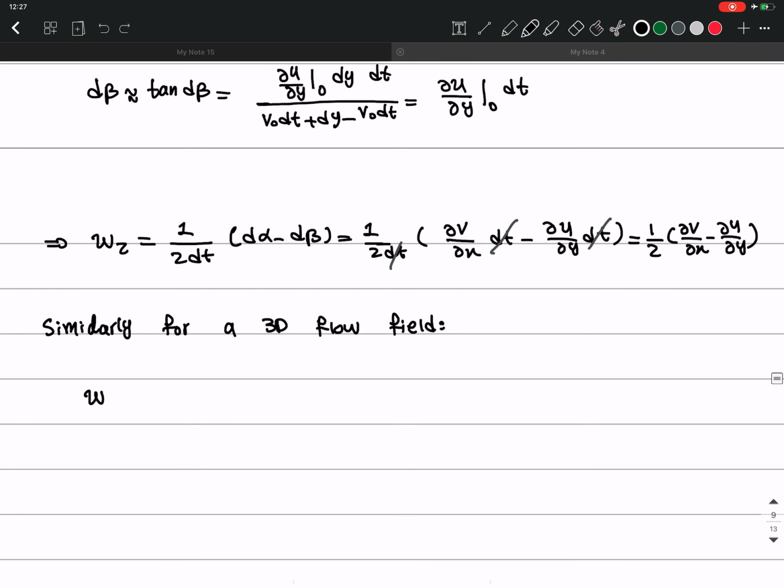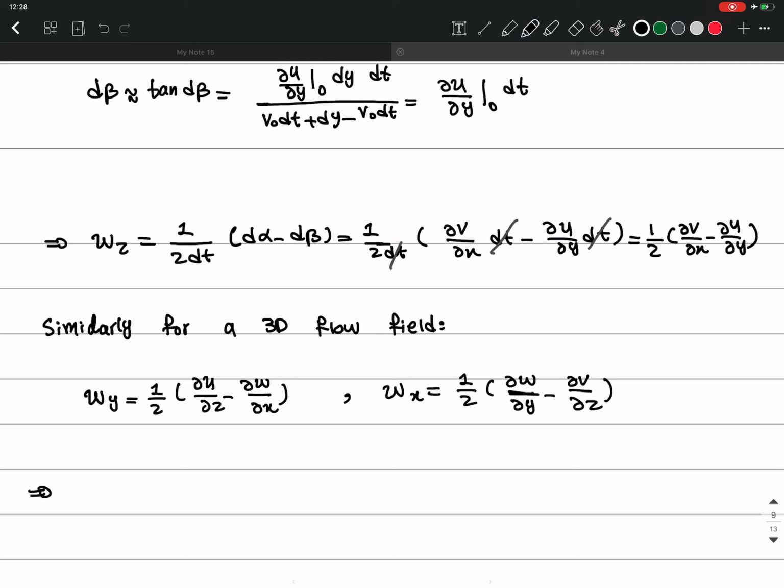ωy similarly is going to be 1/2 (partial u over partial z minus partial w over partial x). And the rotation about the x-axis, ωx, is going to be 1/2 (partial w over partial y minus partial v over partial z).